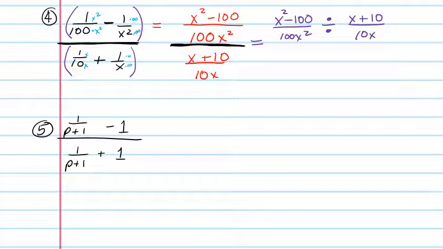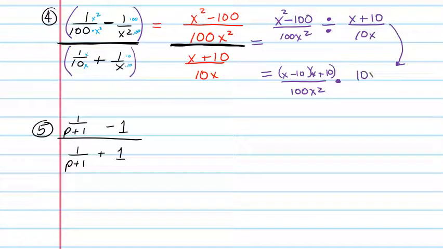So now we will factor that one. x minus 10 times x plus 10 over 100x squared, times 10x over x plus 10. We will cancel out our x plus 10s. And we can cancel out the x here with 1 x here.